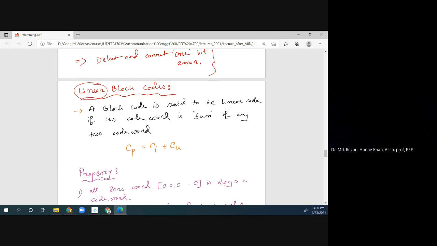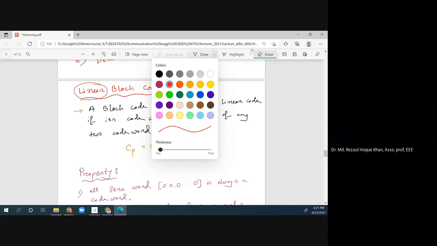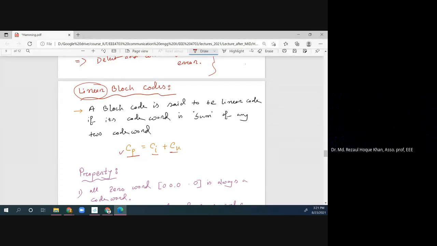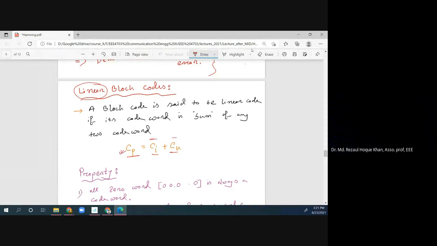A block code is said to be a linear code if its code word is the sum of any two code words. It means a linear operation happens: if this is a block code and there is another block code, if you add them and you receive another code word, which is the summation of these two, then they are linearly added.